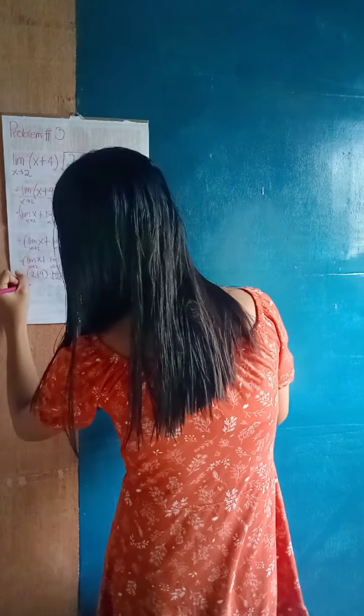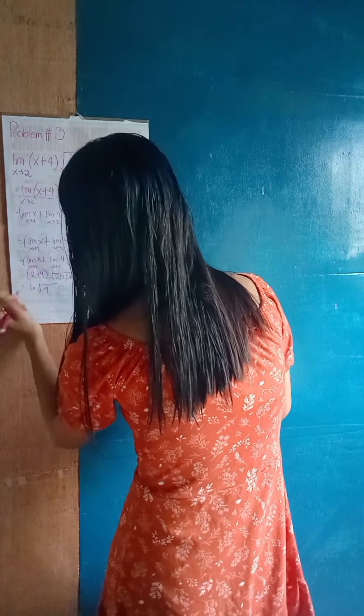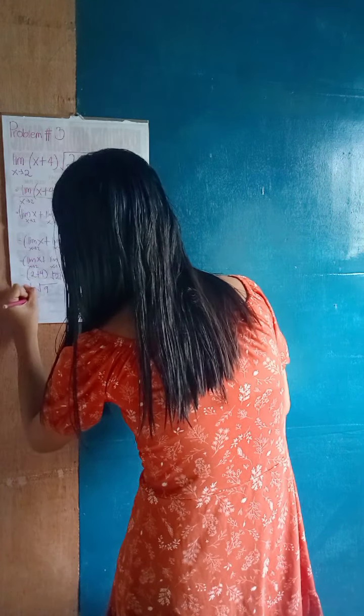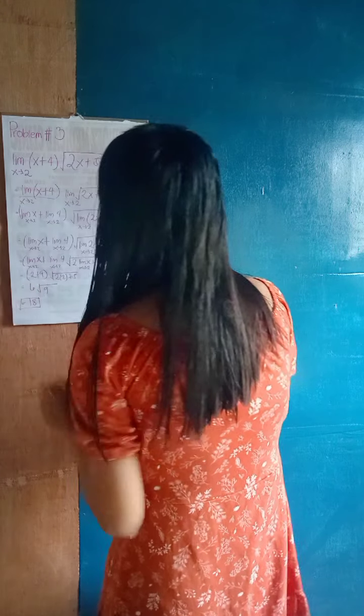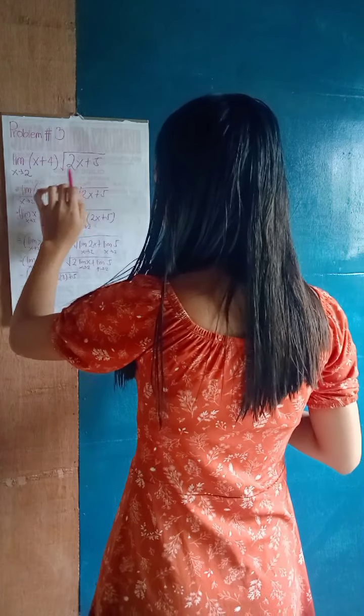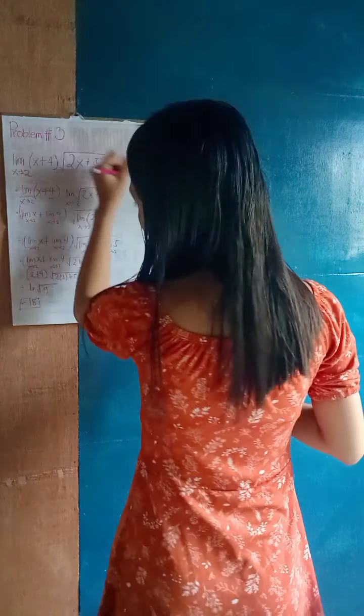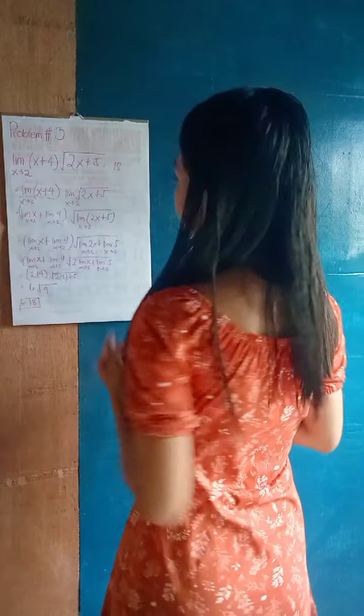So this will become 6 square root of 9. So the answer is 18. So the final answer of limit quantity x plus 4 times square root of 2x plus 5 as x approaches 2 is equal to 18.